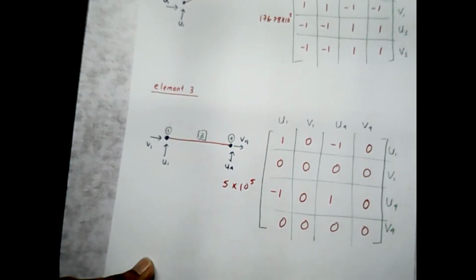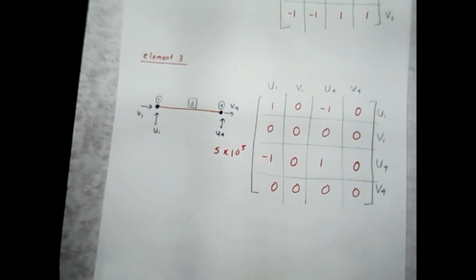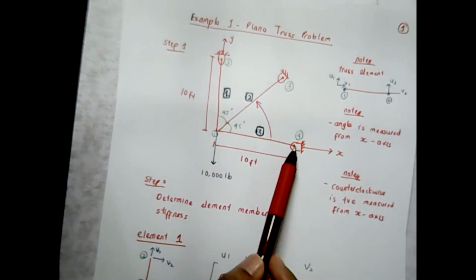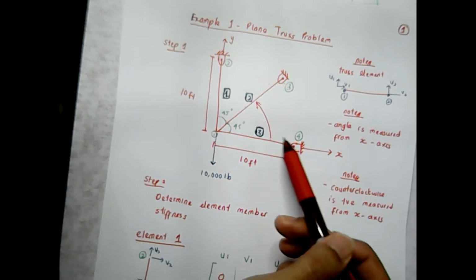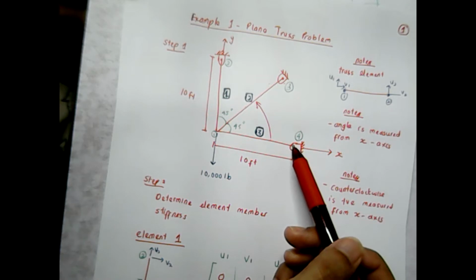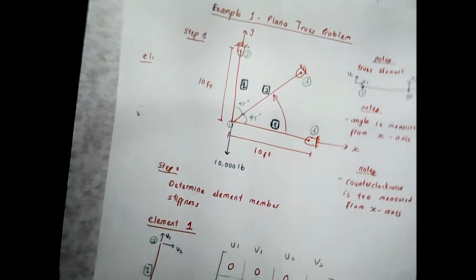Once you get element number 2, you can go for element number 3. In element number 3, if you refer to your examples, x is measured along the element, so there is no rotation angle in that element and the angle is 0.